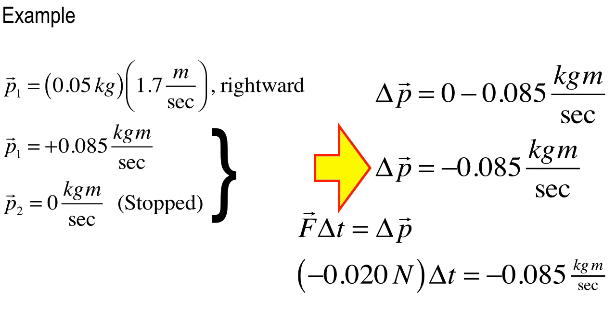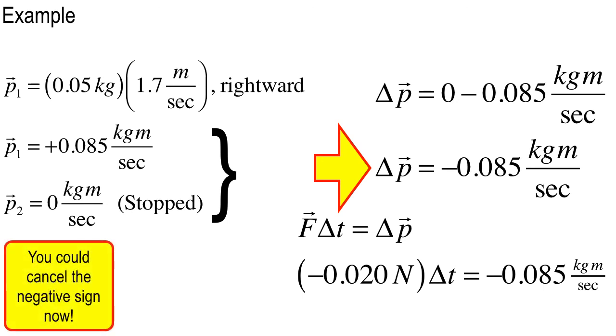And notice that I have minus signs left and right, so you could cancel right there if you want. The minus signs are consistent. One comes from the delta, and one comes from the direction of the force. But I'm going to leave them in there for just a minute.